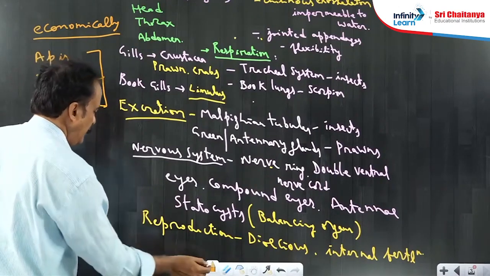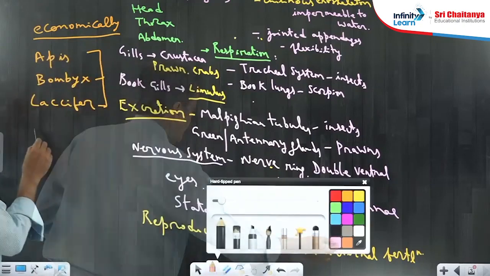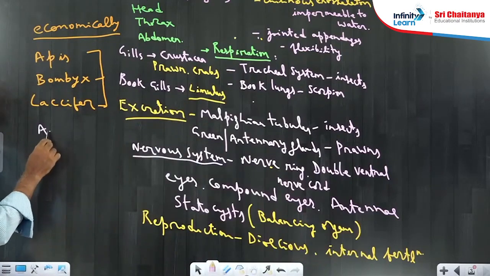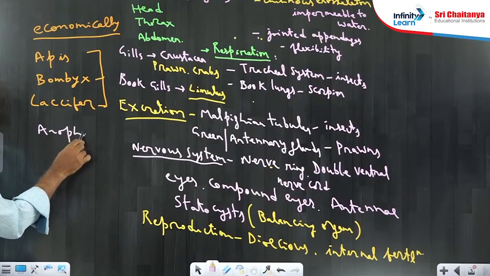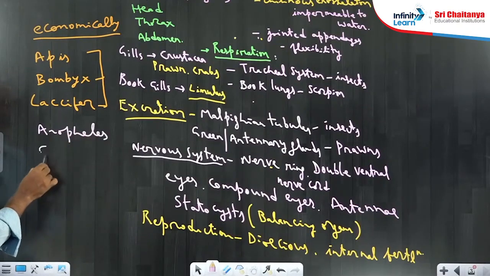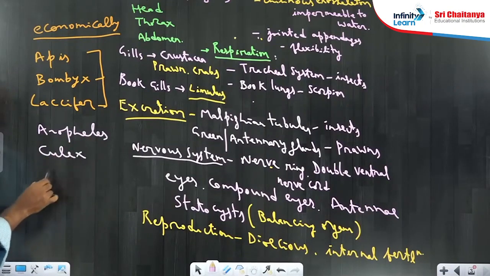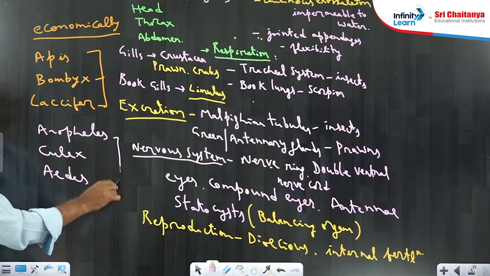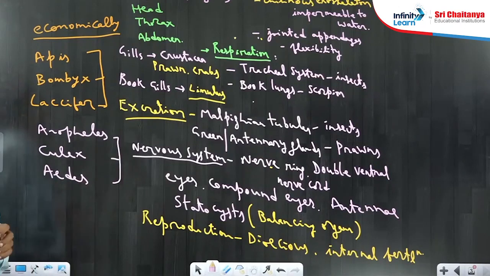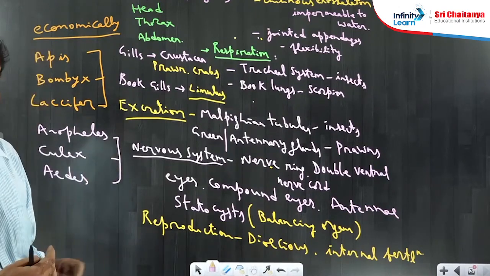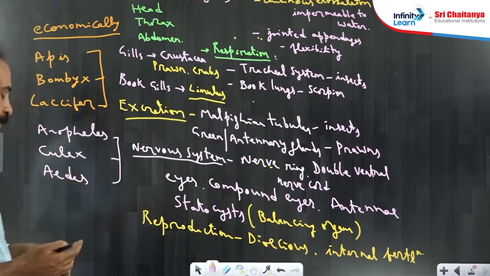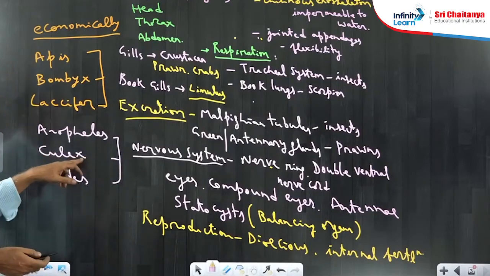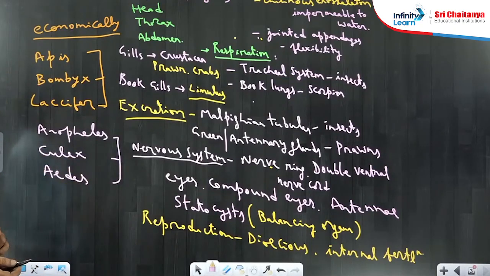Mosquitoes are spreading diseases, like we have Anopheles spreading malaria, Culex is spreading filariasis, and Aedes mosquito, this is spreading dengue fever and chikungunya. Okay, chikungunya, dengue fever, they are being spread by Aedes mosquito. Culex will spread filariasis, right? So these are the three harmful.